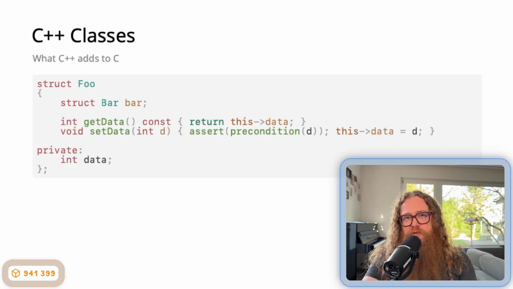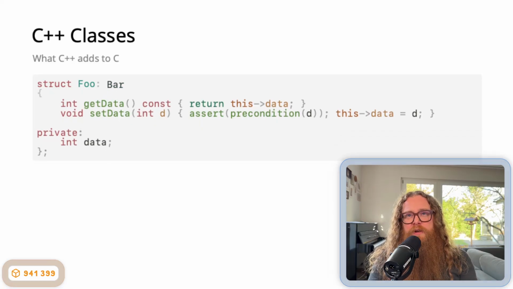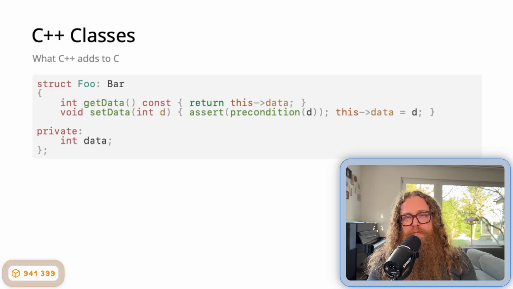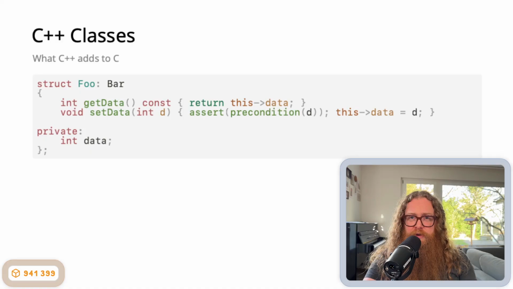And in C++, we have a nicer syntax to do exactly the same. This is just placing bar after the colon. This is now also using public inheritance, because since foo is a struct and the default access specifier is public for structs, foo is publicly inherited from bar.